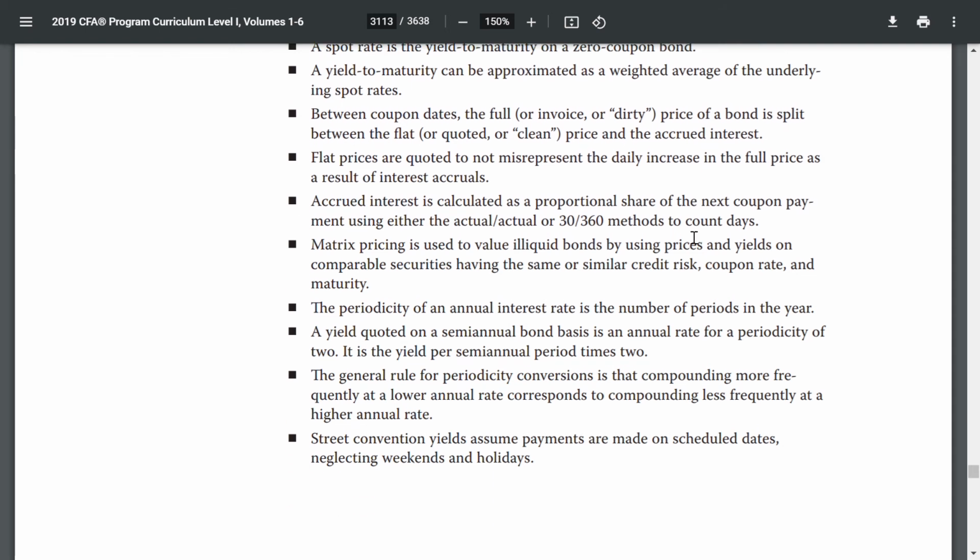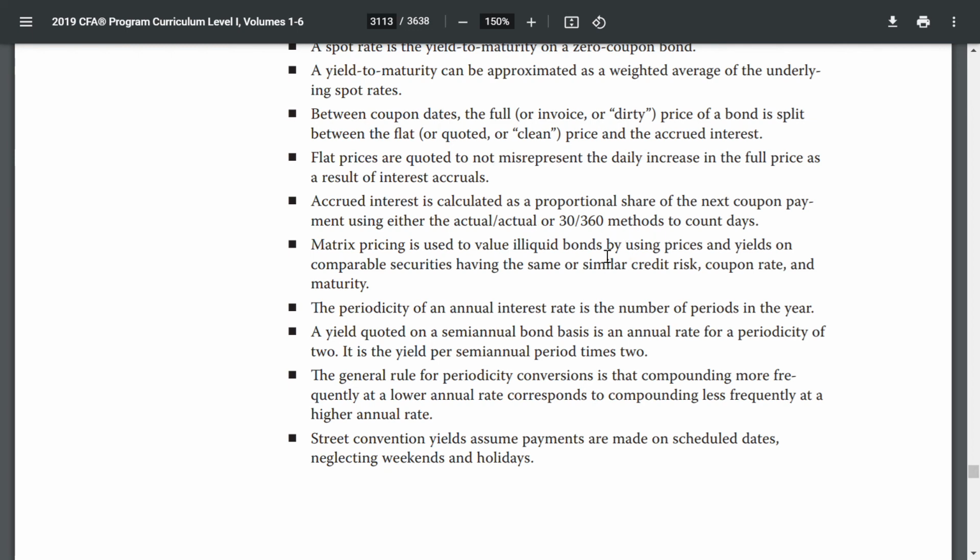Flat prices are quoted to not misrepresent the daily increases in the full price as a result of interest accruals. Accrued interest is calculated as a proportional share of the next coupon payment using either the actual/actual or 30/360 method to count days.